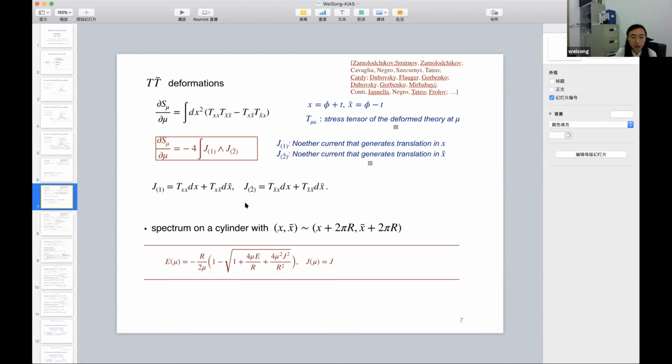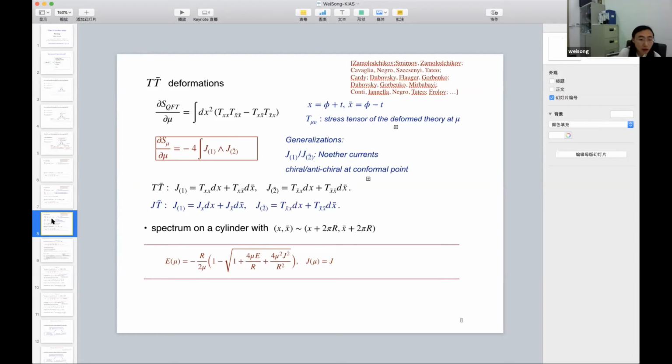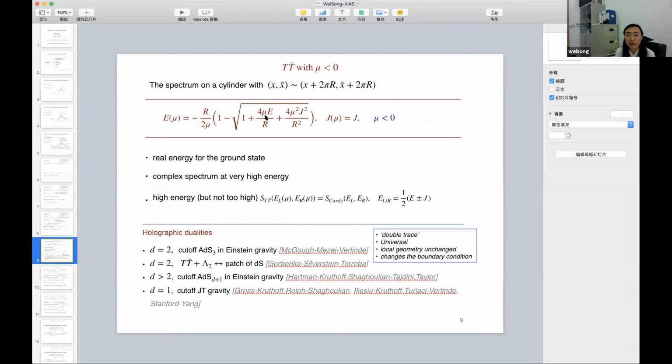But because of this square root there, we'll see that the sign of this deformation parameter mu matters. In the case when this parameter mu is negative, there is an upper bound for the energy. Above the upper bound, if E is too large, then what is inside the square root will become negative, and the deformed spectrum will become complex.